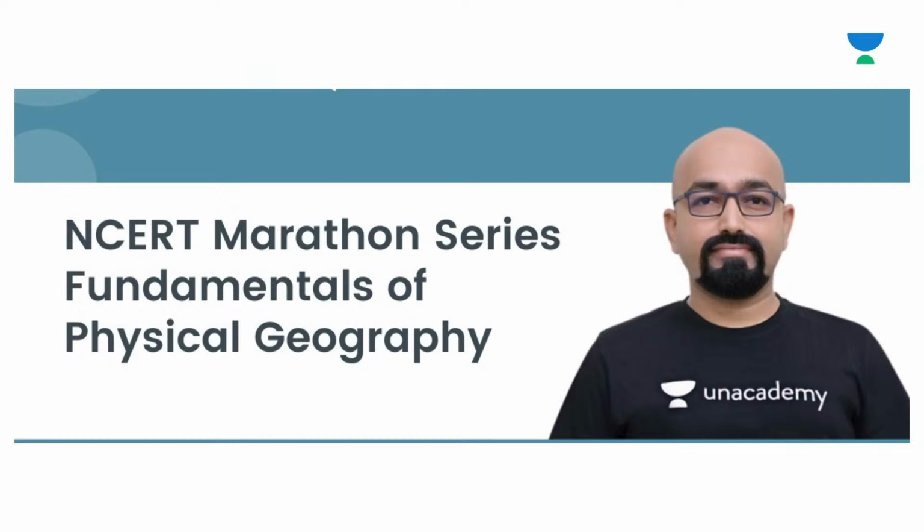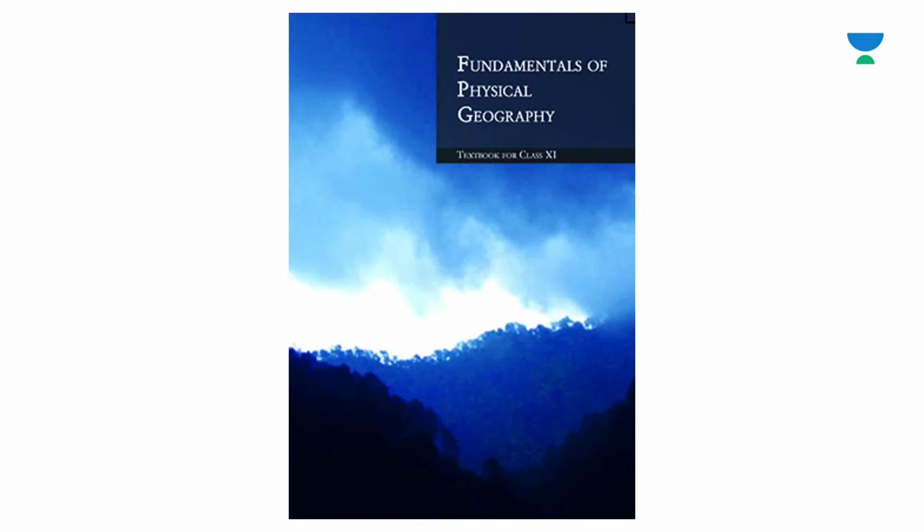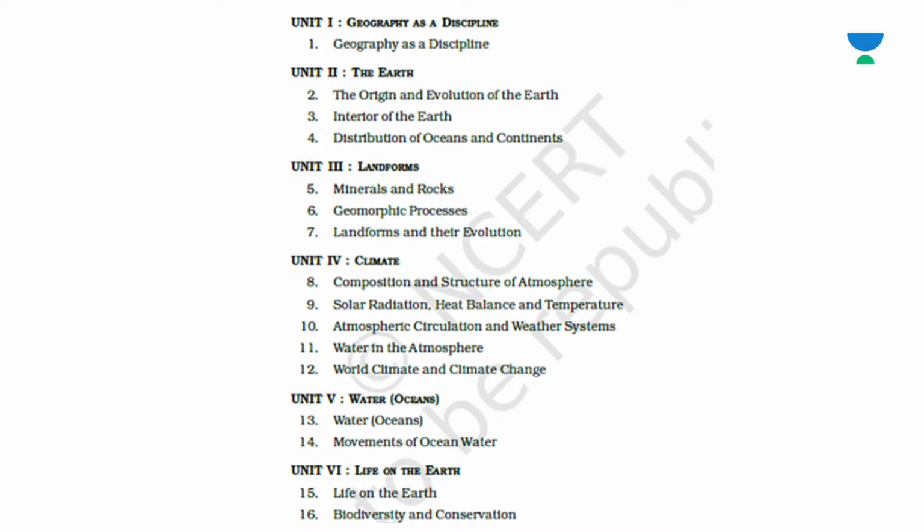So dear friends, in our earlier sessions, we have discussed the Unit 1 Geography as a discipline, then Unit 2 Earth, where we have discussed the origin and evolution of the Earth, interior of the Earth, distribution of oceans and continents.